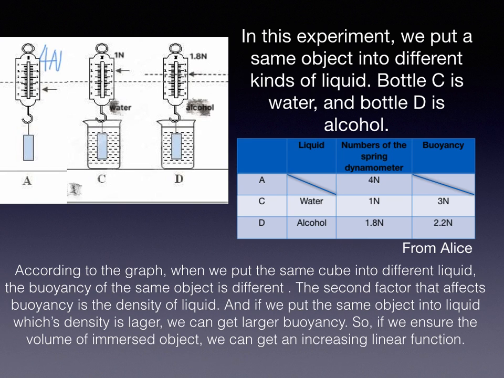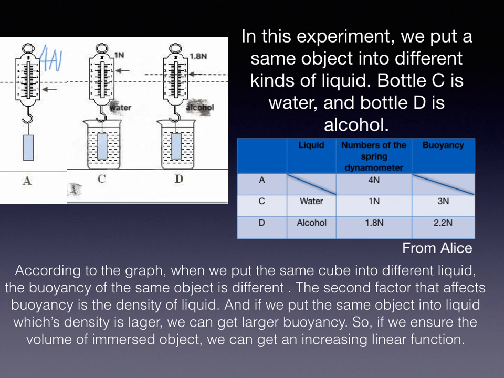So the second factor that affects buoyancy is the density of liquid. And according to the numbers of the graph, we can get that if we put the same object into a liquid whose density is larger, we can get a larger size of buoyancy. So we can summarize that if we ensure the volume of the immersed object, we can get an increasing linear function.